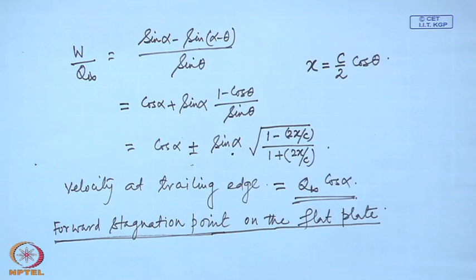But W should come 0 if it is a stagnation point. So, it is not at theta equal to pi plus alpha, but where is it? You know the expression for W, you can make it 0 and find out at what theta it will become 0.